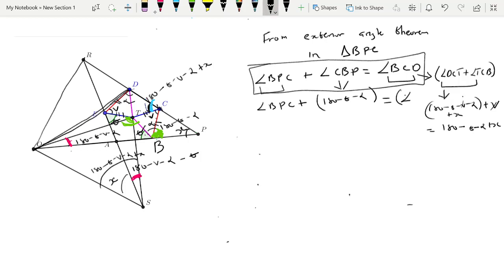Then can I say that since angle CPB is equal to angle RPQ, and this angle RPQ is equal to angle RSQ equals x, then R, P, S, Q all lie on a circle.